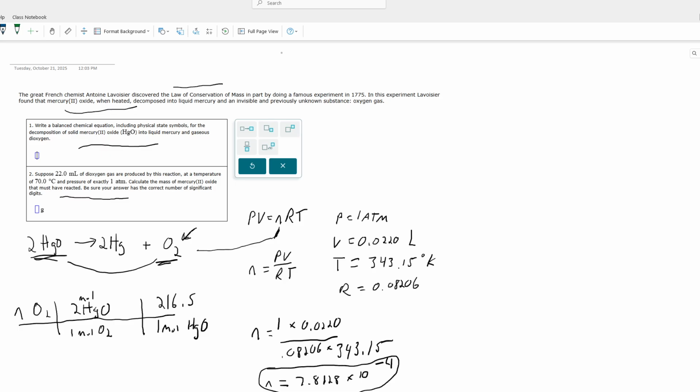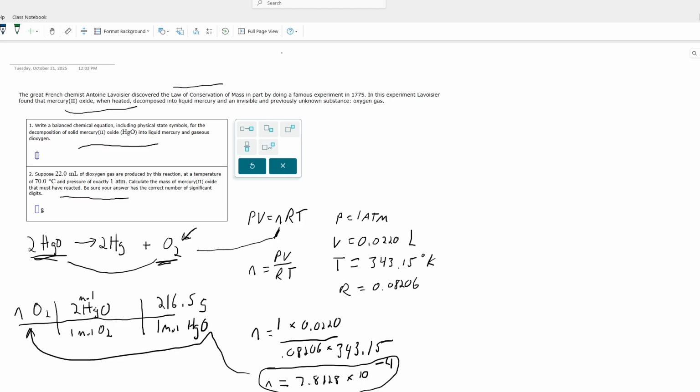Okay, so let's go ahead and bring this back over. I'm going to take that number and multiply it by 2, and then times 216.5 equals, I get for my number of grams, okay, this is grams coming out of here.